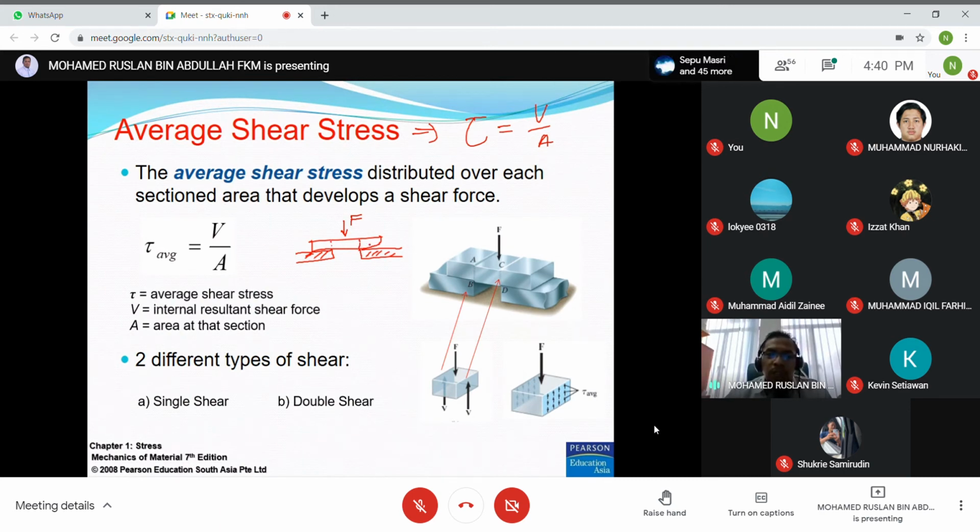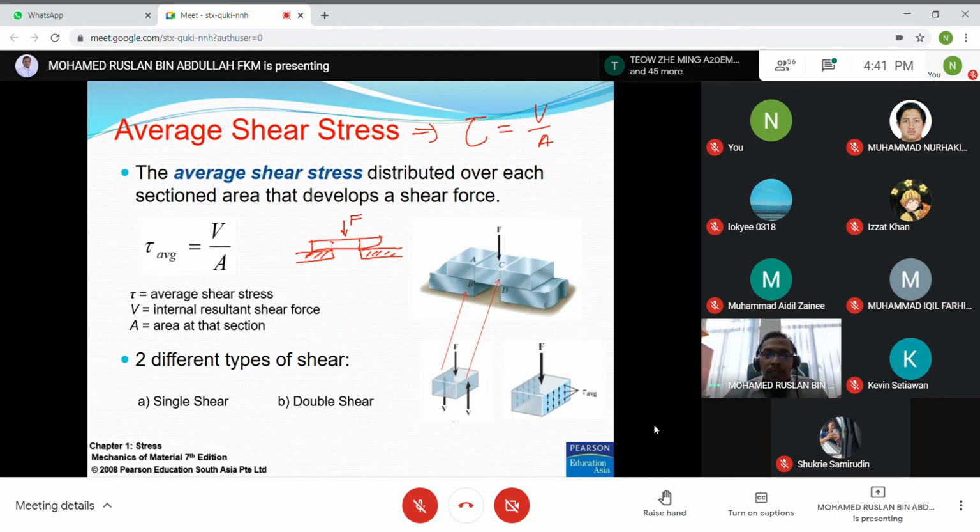So this process we call the shear, because this failure is due to the shear stress. When you increase the force, the shear stress will develop and increase. Until a certain stage, when the allowable shear stress is less than the average shear stress, the failure will occur.